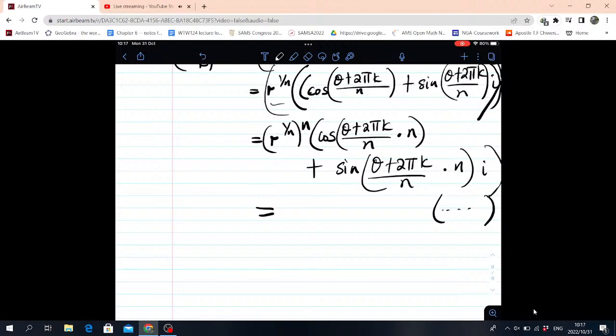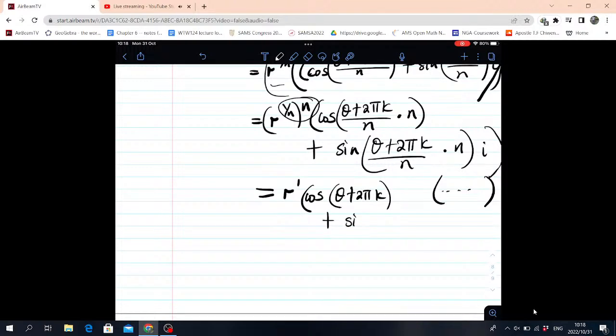And then from here, 1 over n times n, I get 1, so r to the power 1, and then I've got cos, multiplying by n there, I get theta plus 2 pi k, plus i sine of theta plus 2 pi k.